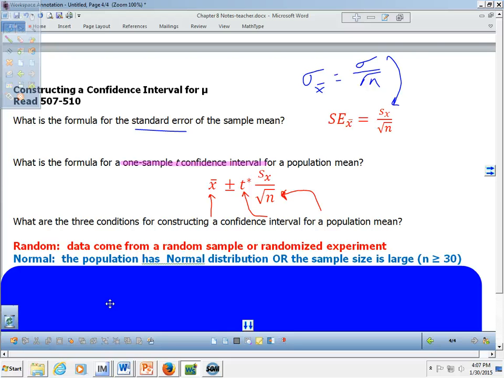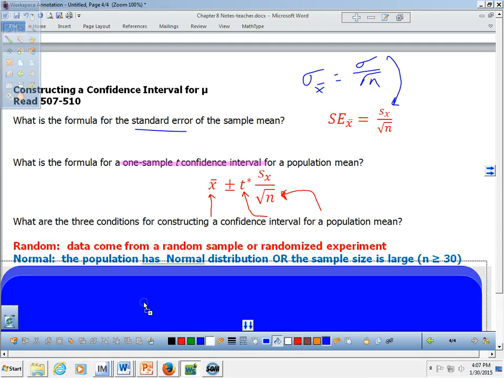It just kind of took on the same shape as our population. So it'll be approximately normal if our population is a normal distribution. If it's not normal, if our population is non-normal, then as long as our sample size is bigger than 30, central limit theorem kicks in and says that our sampling distribution will be approximately normal.